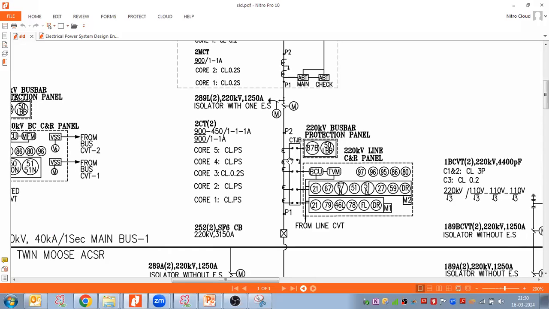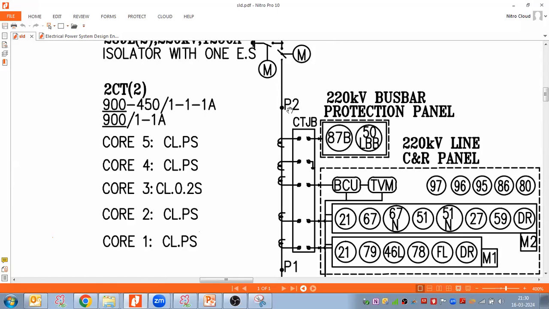Due to that reason, I'm calling this CT a protection CT. Now I'll discuss the P1, P2 polarity, where P2 is here and P1 is here. This is very important.